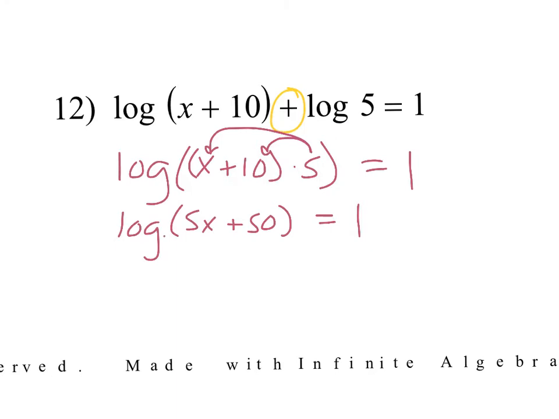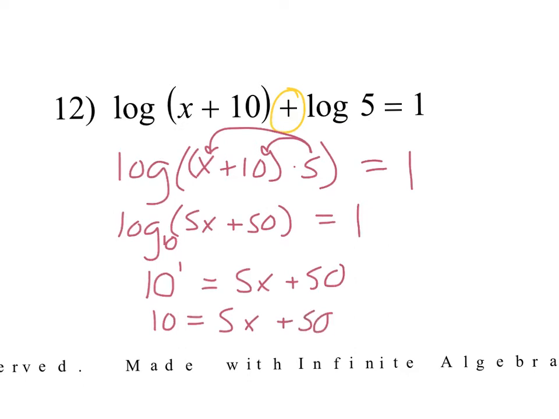And then since we don't have a base that's written, that implies that our base is 10. So putting this into exponential form, we have 10 to the first power is equal to 5x plus 50. 10 to the first power is just 10. So we have 10 is equal to 5x plus 50.